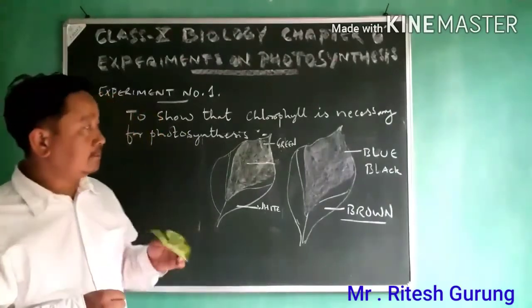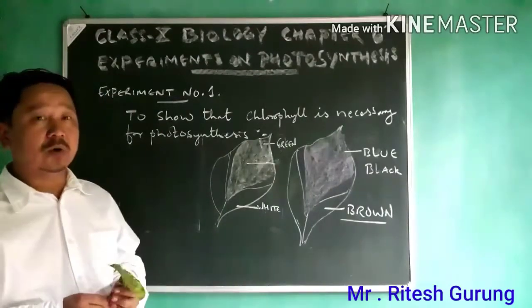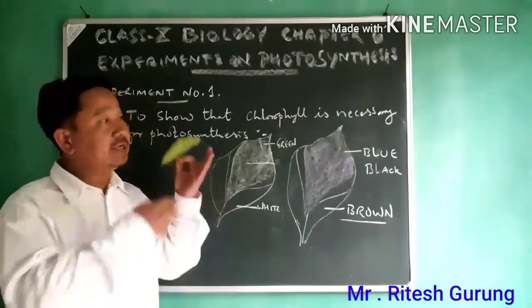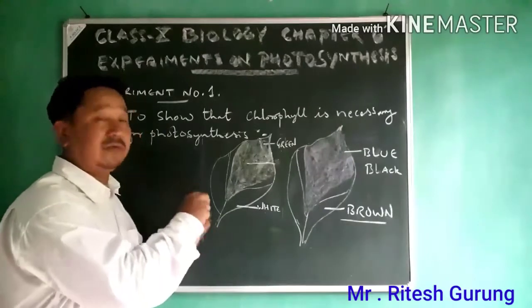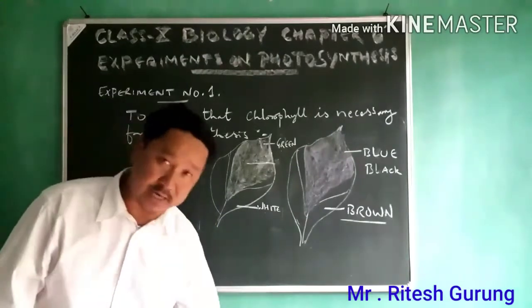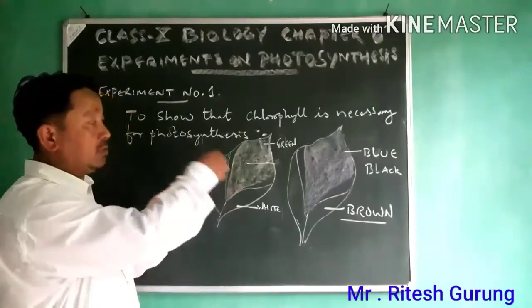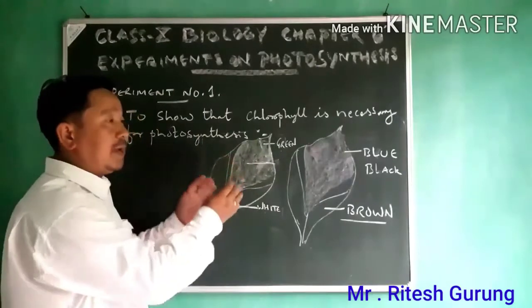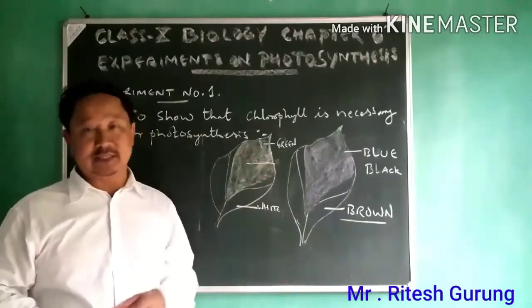Then after 1 or 2 days, after discharging, you just take a leaf. There are many leaves, but consider only one leaf for this experiment. Before removing the leaf, first after discharging, keep the plant again in the sun so that photosynthesis takes place there.